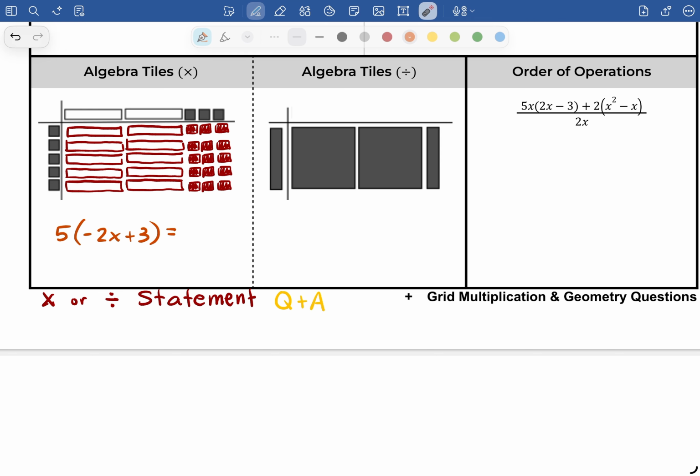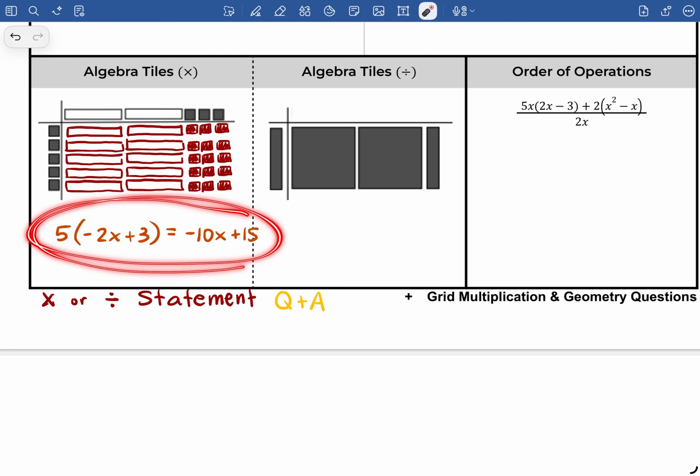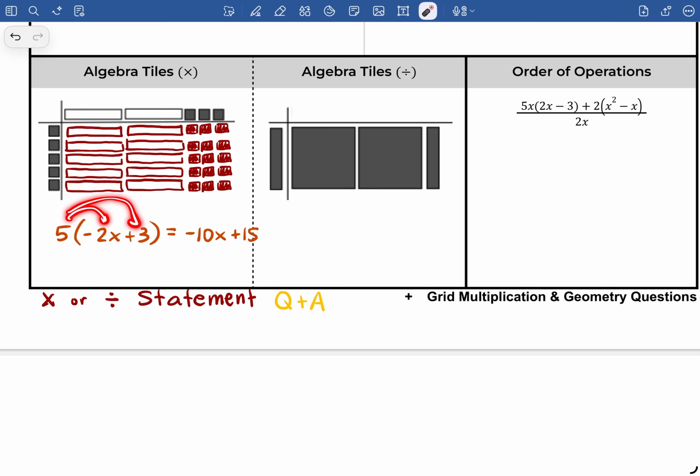And it equals whatever we were given in the middle here, which is 10 little not filled in rectangles, so negative 10x, and 15 little squares that are filled in, so plus 15. This is really illustrating what we've just done in the other questions, where we say, oh, we distribute it, and look what we get. So this way we see the picture that shows something we've already done before.